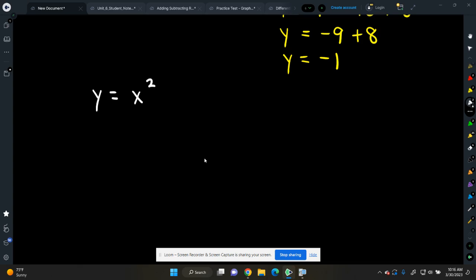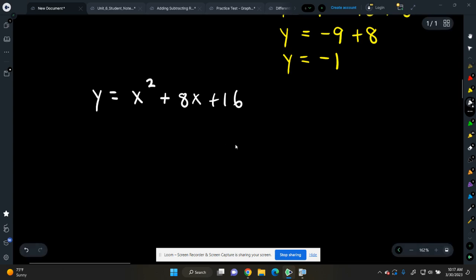How about x squared plus, we can do, wow, that's just not going to work. All right, we'll do 8x plus 16. It's going to be a big graph, but I'm just trying to find numbers that are not going to be fractions right now. Okay.